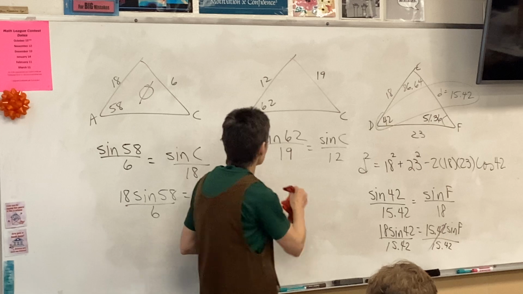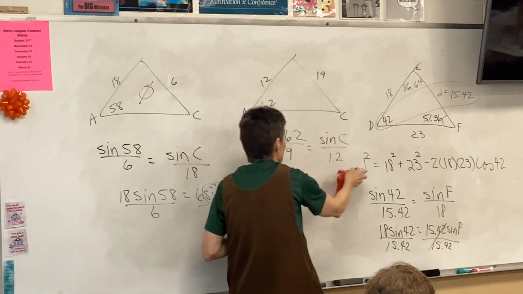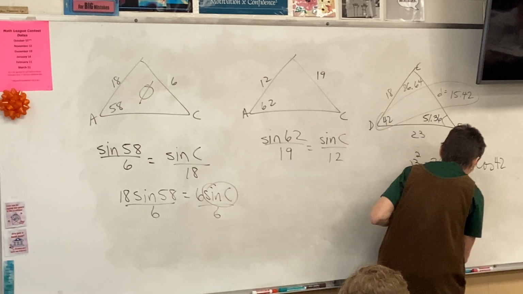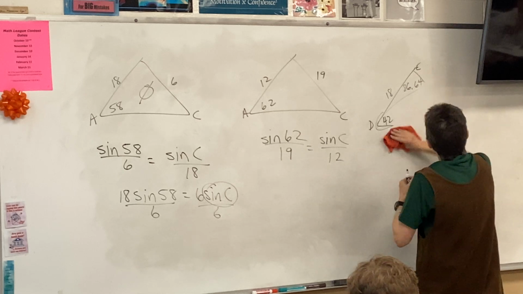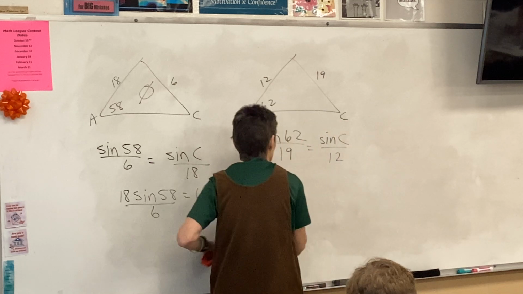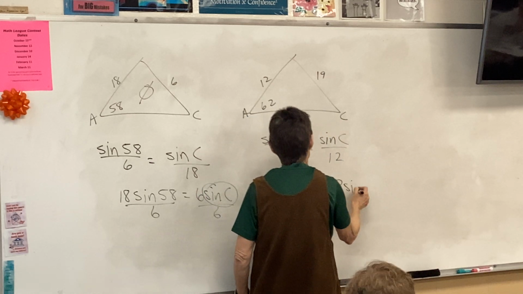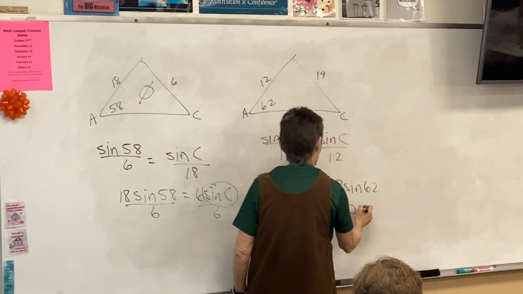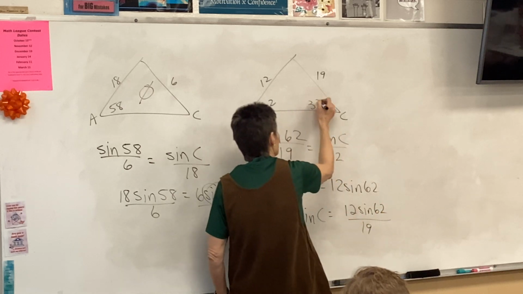Okay, so I've got the next one set up. It's the same thing. Sine 62 over 19 equals sine C over 12. So you're going to do your cross multiply. You're going to have to do an inverse again. 33.90?